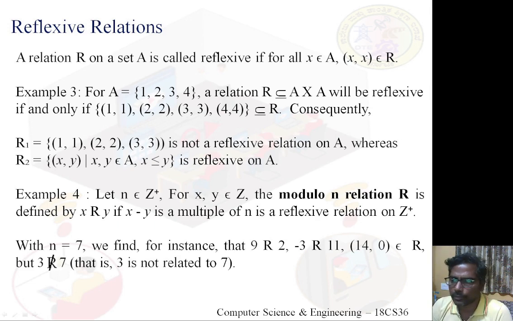So just go through example 4. Find the modulo n relation R, defined as x is related to y for all x, y that belong to the integers Z. x will be related to y if x minus y is a multiple of n.